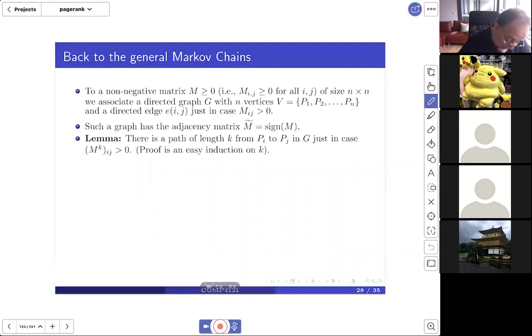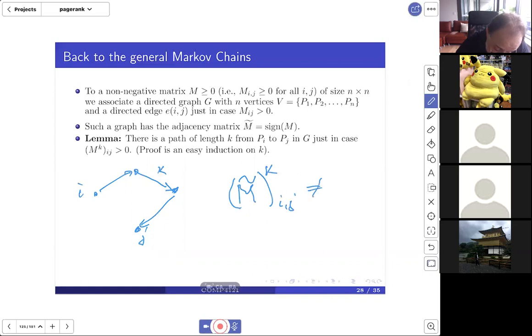You can prove the following thing: if in your directed graph there is a path from i to j of length k, that happens just in case the adjacency matrix, if you take it to the power k and look at position ij, this entry is not 0.